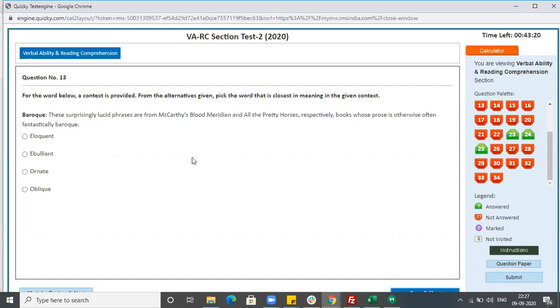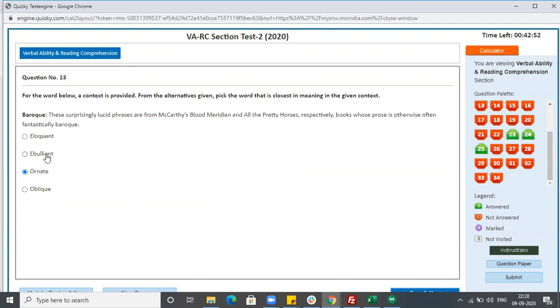Prose is something I'm going to talk about. Surprisingly lucid. Okay, the opposite of lucid is going to be very clear. So Baroque. Usually what is happening is that the phrases you see here are very clear, which is uncommon in this book, because usually this book shows you vagueness. Eloquent means someone who's expressive, ebullient.